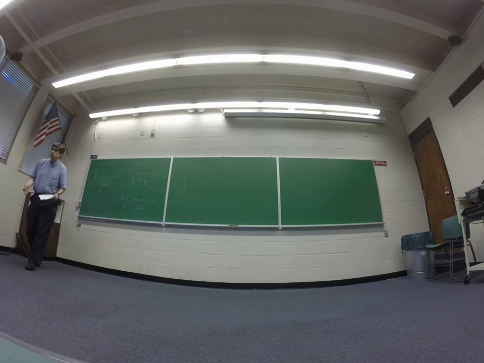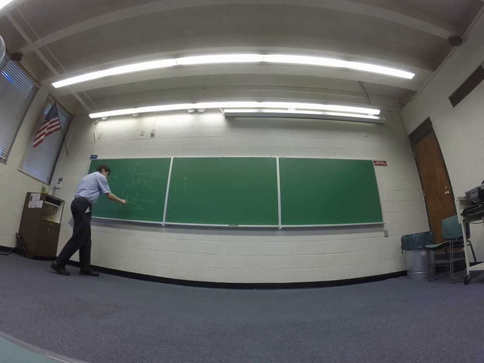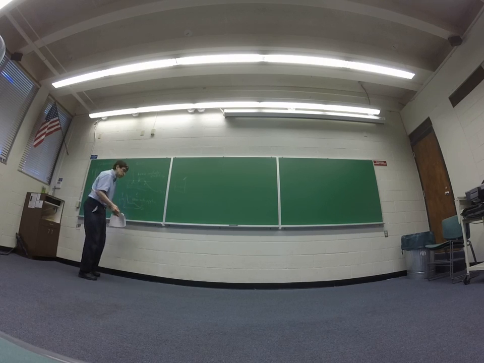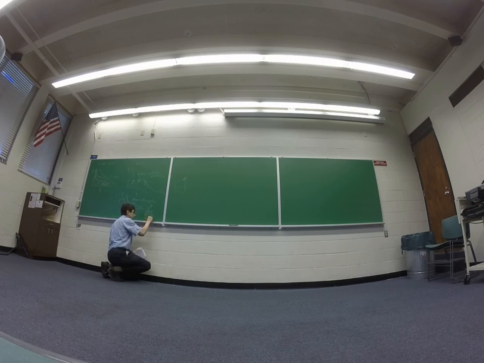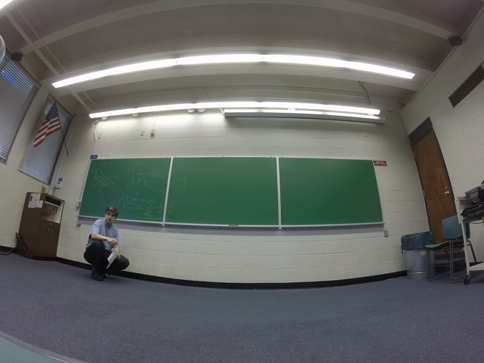So if you have a mixture, molar volume, something in between here, the mole fraction of the vapor phase is going to be equal to the molar volume of the mixture minus the molar volume of the liquid phase over the molar volume of the vapor phase minus the molar volume of the liquid. Okay?